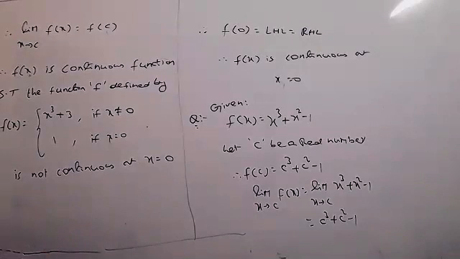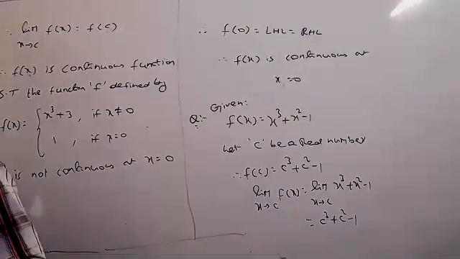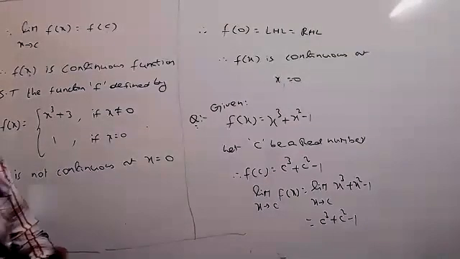That means if the three values must be equal, then only we say it is a continuous function. But here if any one of the values is not equal to the other two, then it is clearly not continuous at x equal to 0. It's a very easy problem, a small question, you can find it.